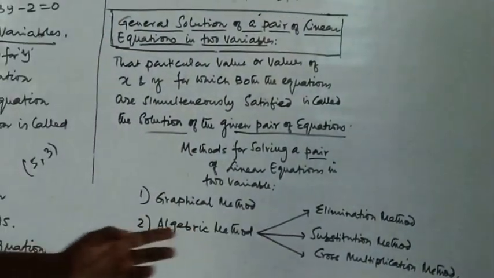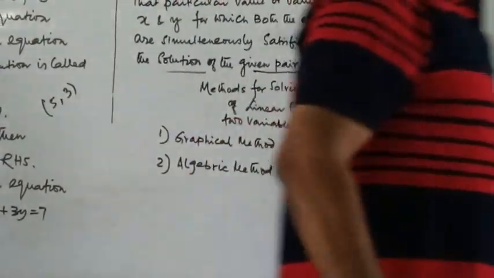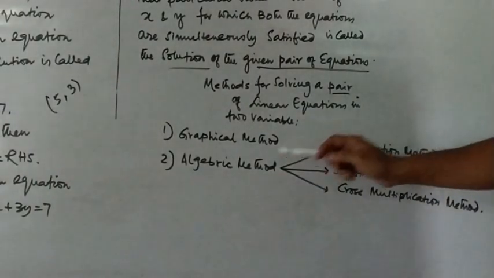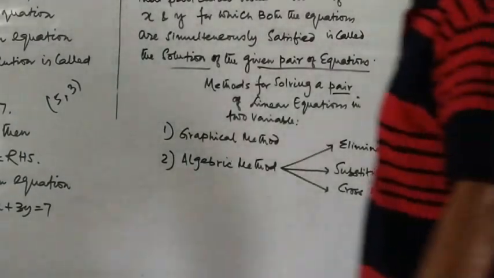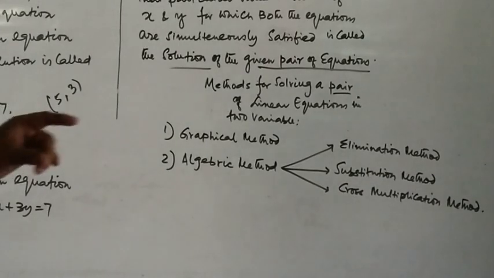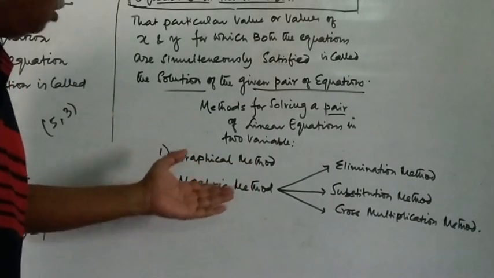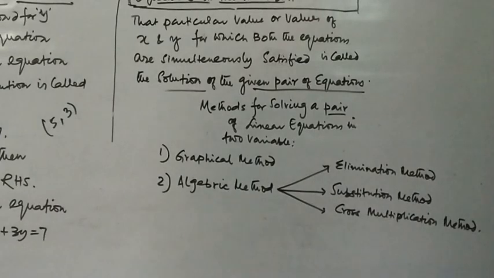With the help of the graph, we will find the common value of x and y for which both the equations are simultaneously satisfied. And the second one is the algebraic method. By the application of algebra, we will find the value of x and y. Given two linear equations in two variables x and y, we can go for the graphical method if it is asked in the question, or we can go for the algebraic method as the need of the question.